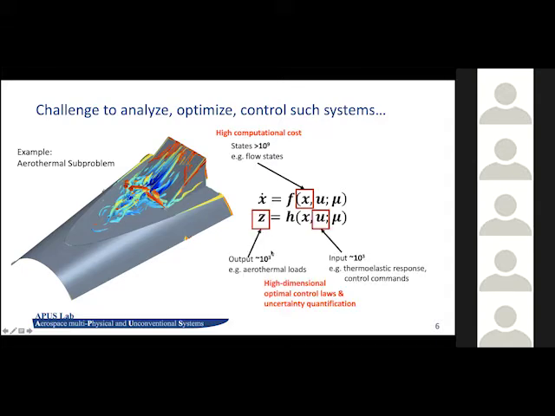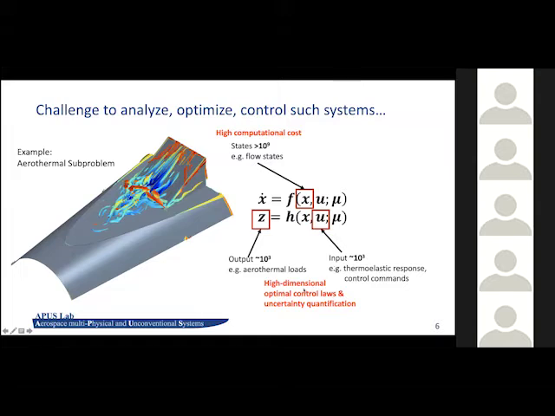And then the other thing is that now we are dealing with an interactional problem, meaning that we have the flow field interacting with the other physical domains. As a result, we are going to have some input from the other physical domains to this fluid domain, and the fluid domain is going to react on those other physical domains. This gives us a high-dimensional input and output.